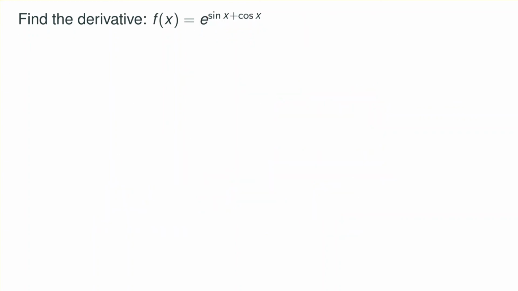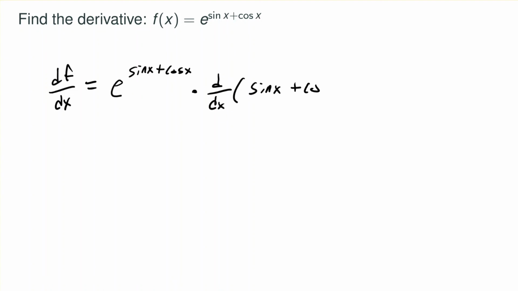Find the derivative of e to the sine x plus cosine x. So here, we take the derivative. First, we just get e to the sine x plus cosine x. Keep the argument, right? Then by the chain rule, we have to multiply by the derivative of the argument, like this.